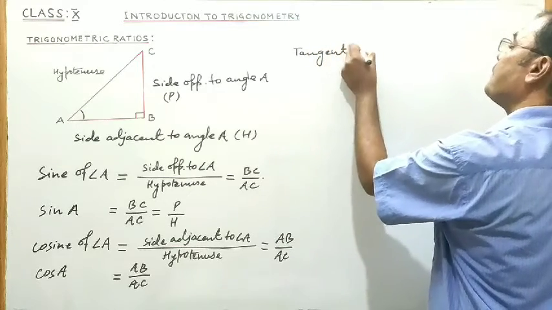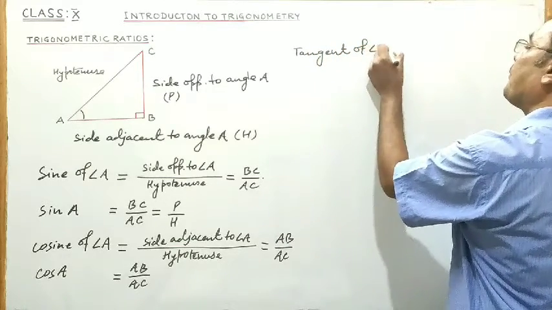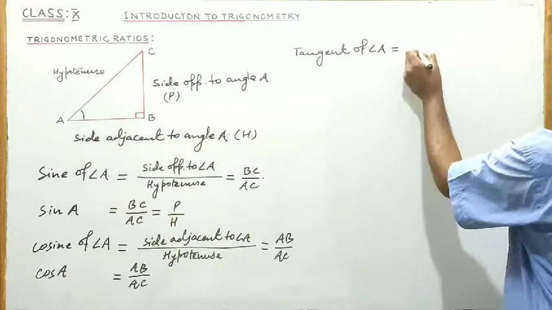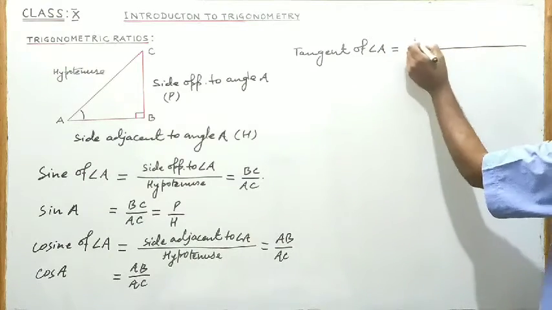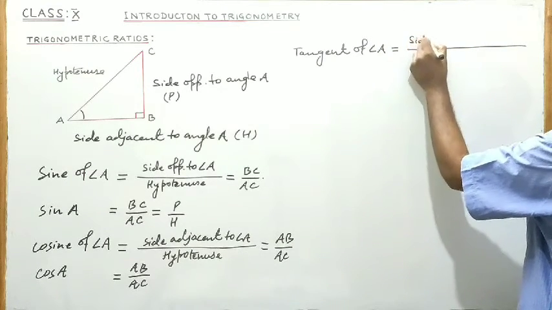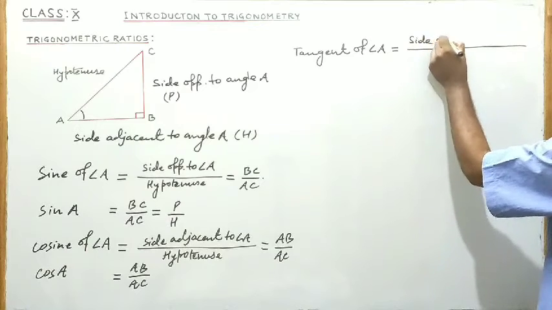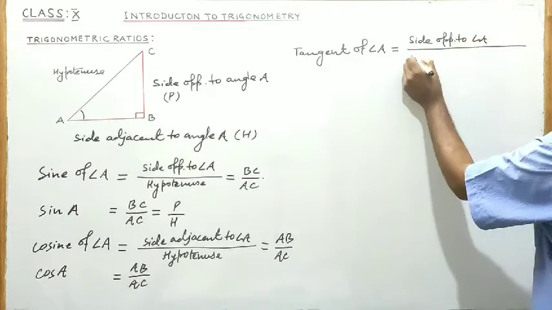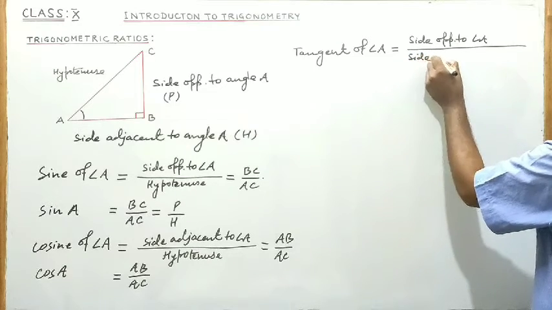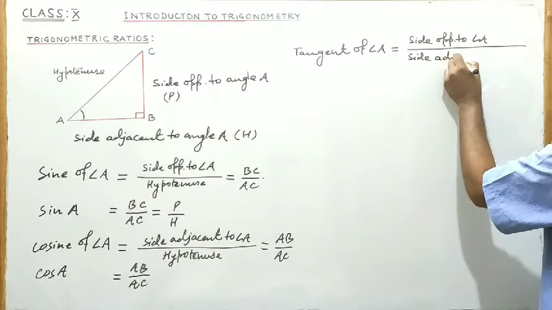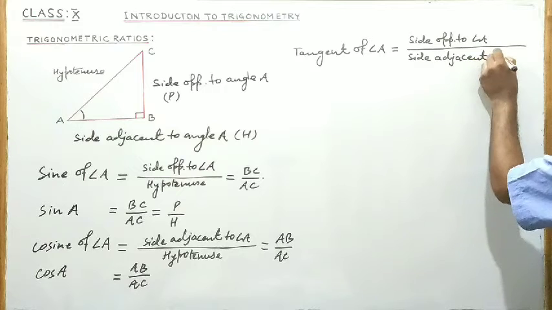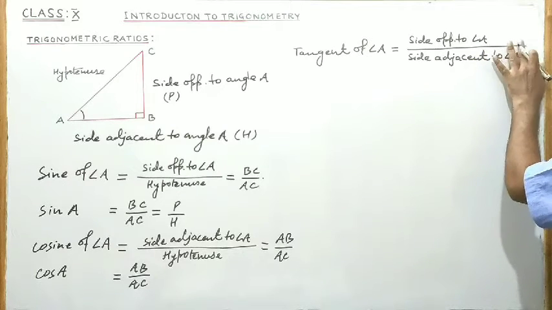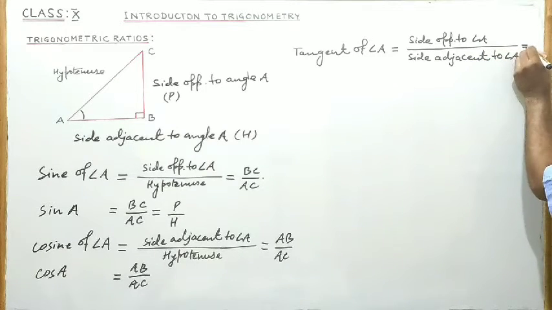Tangent of angle A is defined as side opposite to angle A by side adjacent to angle A, which is equal to BC by AB.